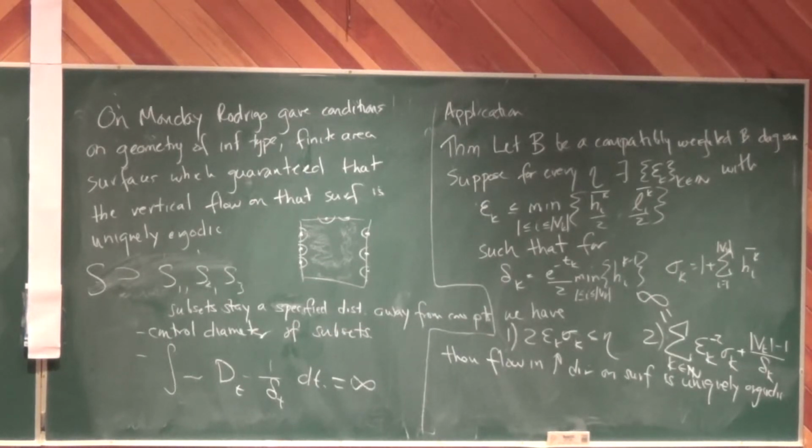I'm going to add n_k minus 1 edges between a point here and a point here for each of these points. So I'm going to add some number of additional edges.